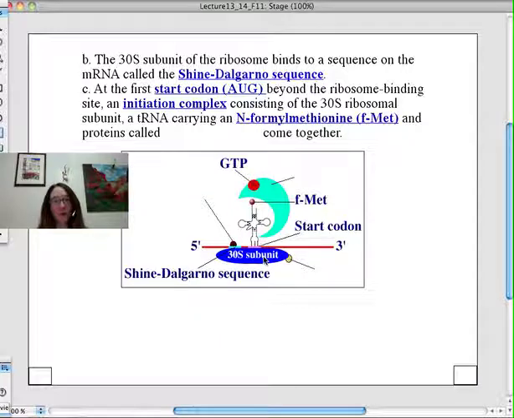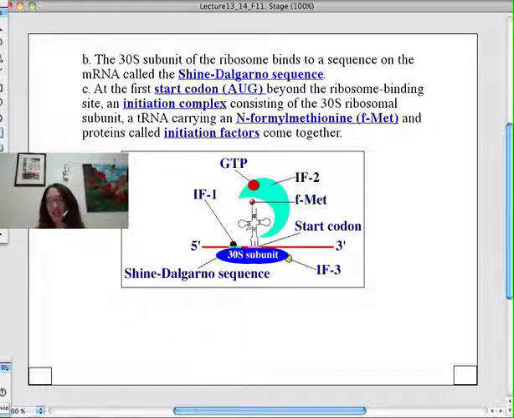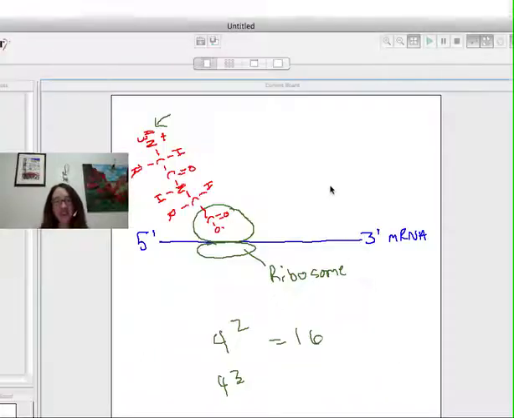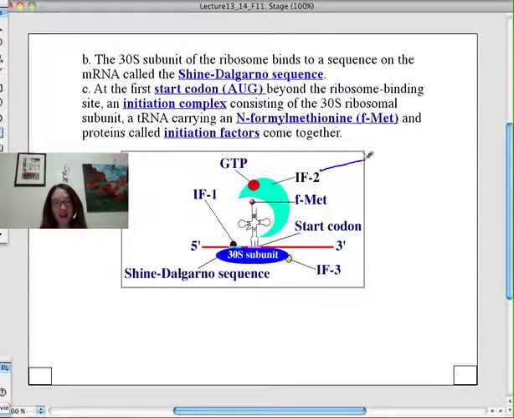Now, these are not the only two things involved with this. There's more to the initiation complex in the way of initiation factors, and these initiation factors have some pretty interesting roles. For example, IF2, and I'm actually going to jot this down so we can have some idea of what these do. IF2 is going to be involved in ensuring that the right initiating tRNA binds at the AUG start codon.